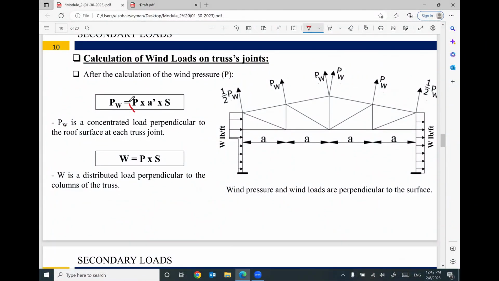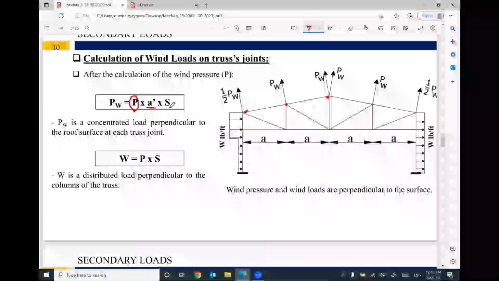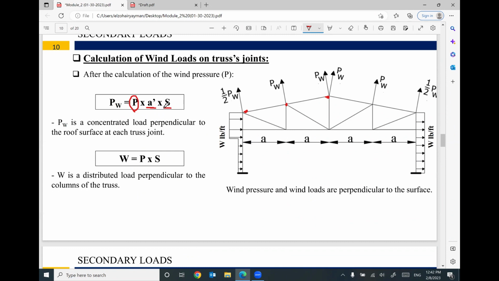Your pressure that you calculated at the roof must be multiplied by A prime times S. And your wind load on the side, this side or this side, must be multiplied by S only and will remain a distributed load.